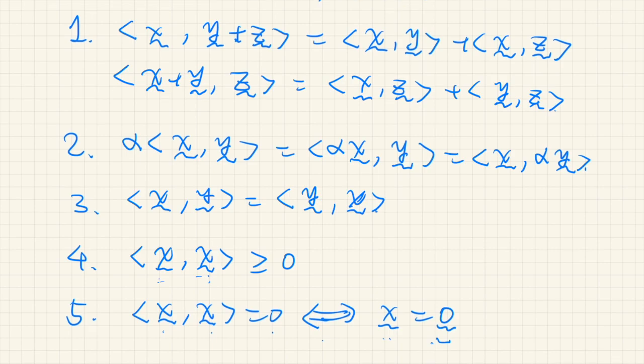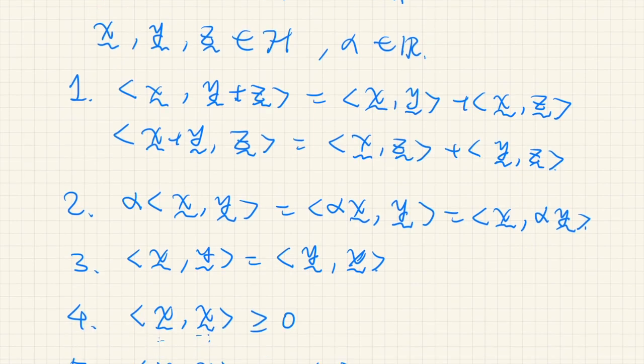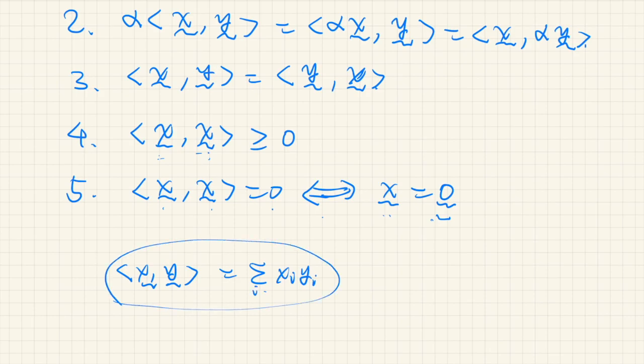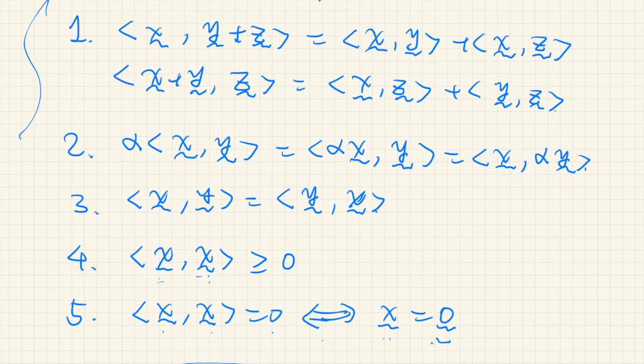If you recall, in the case of the real vector space, we first defined the inner product between two vectors, x and y, as the sum of the products of their elements, right? So this was the definition in the case of real n-dimensional vector space. Then we derived these properties as a theorem.